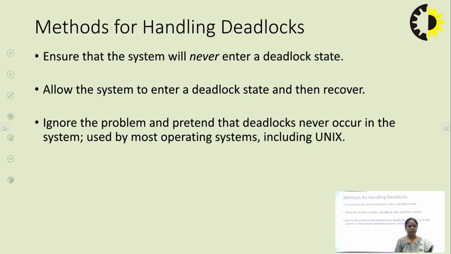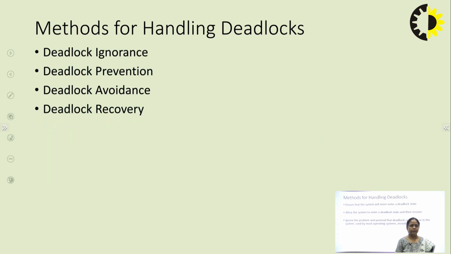If we restart the system, it will work fine again. Now, among the methods of handling, the first one is deadlock ignorance, where we don't write any code for deadlock because we think it never occurs, or occurs very rarely.